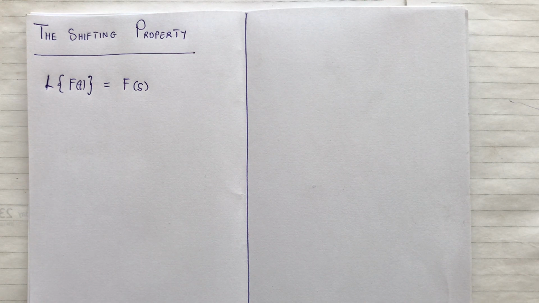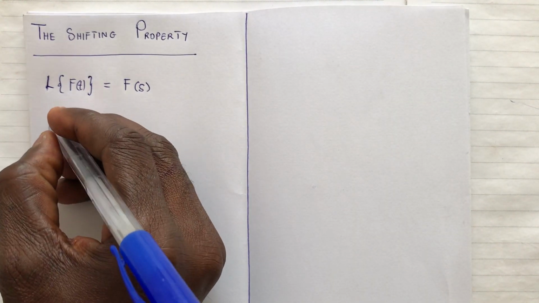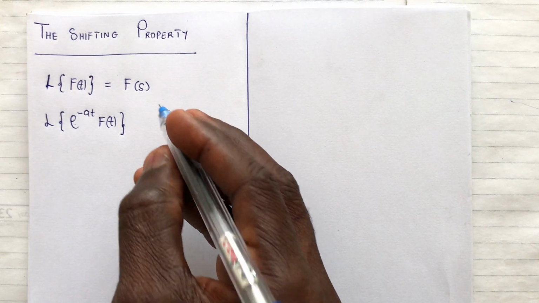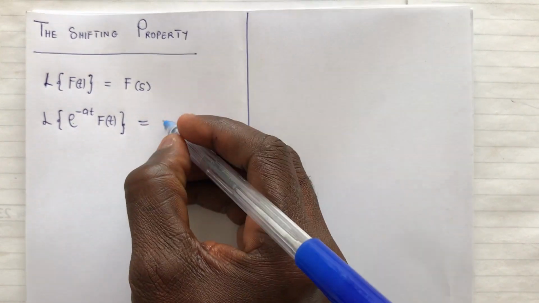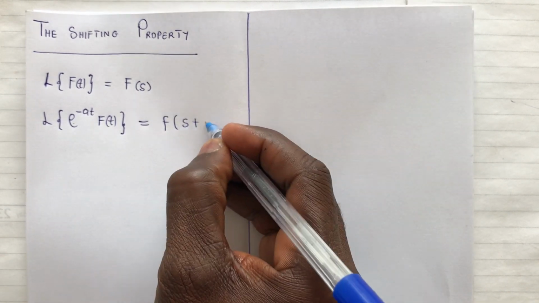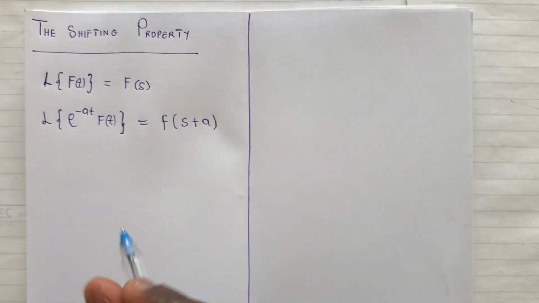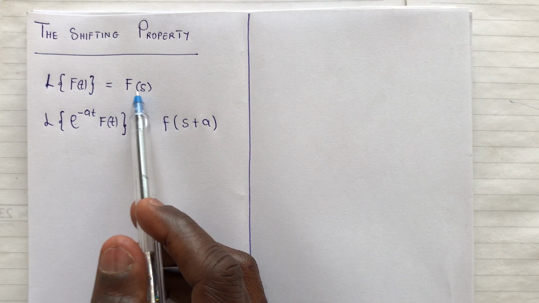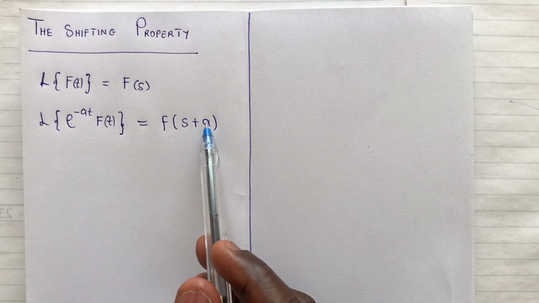Now, shifting property is saying that the Laplace transform of e to the minus at times f of t is equal to F of s plus a. This simply means that in the F of s function, wherever you see s, replace it with s plus a.